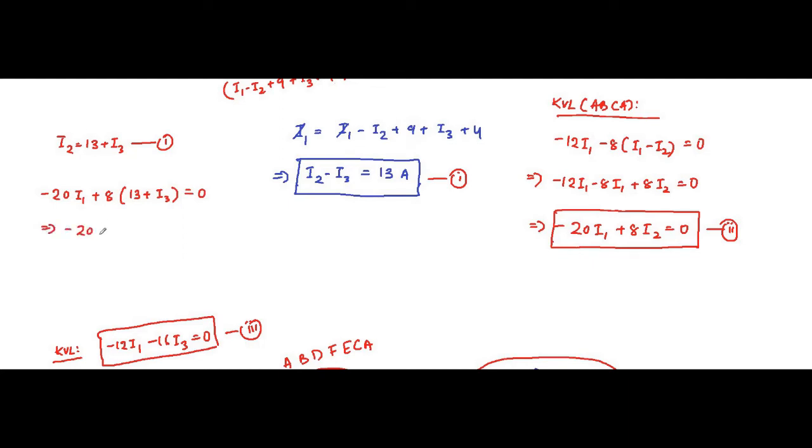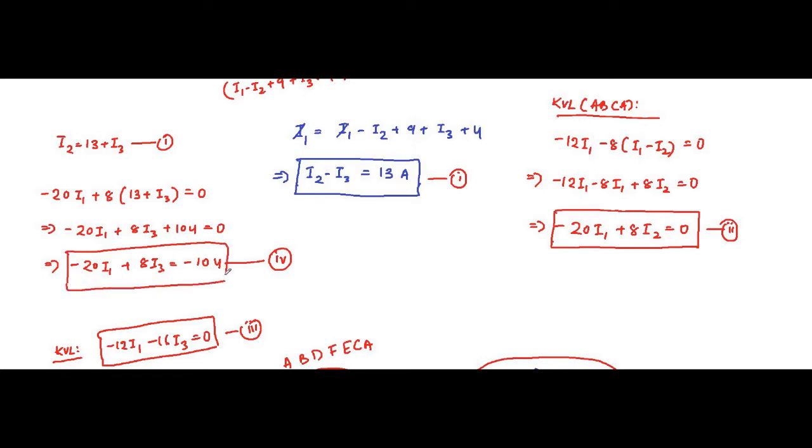That implies minus 20 I1 plus 8 I3 plus 104 is equal to 0, which implies minus 20 I1 plus 8 I3 equals minus 104. So this is the fourth equation that we have got: minus 20 I1 plus 8 I3 is equal to minus 104.